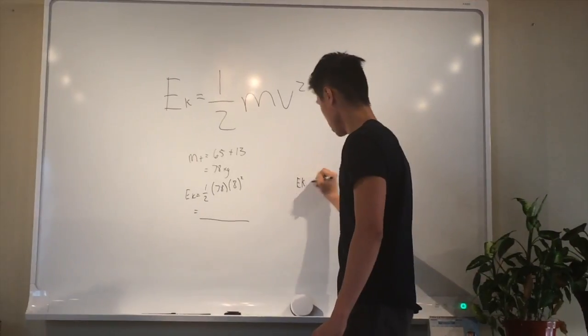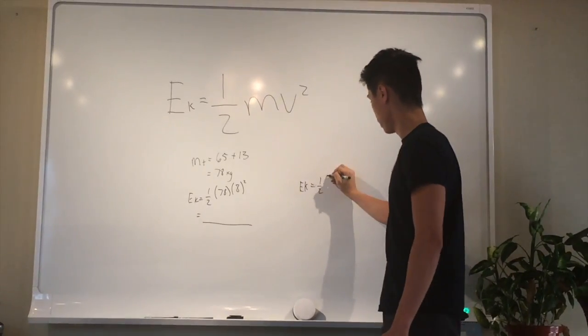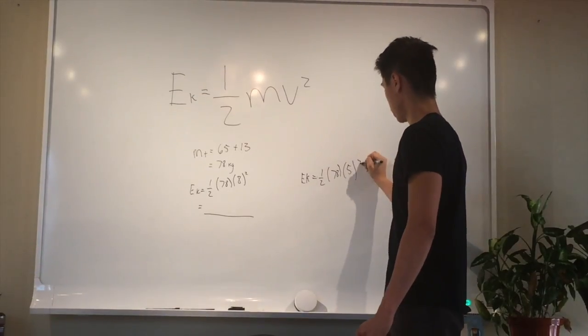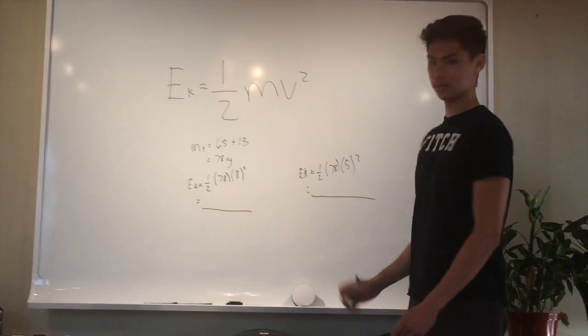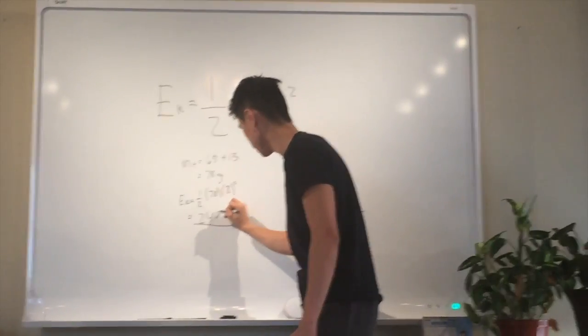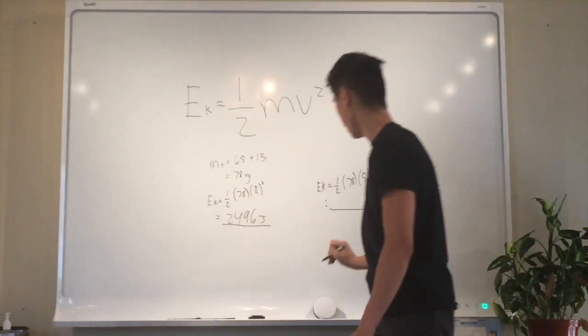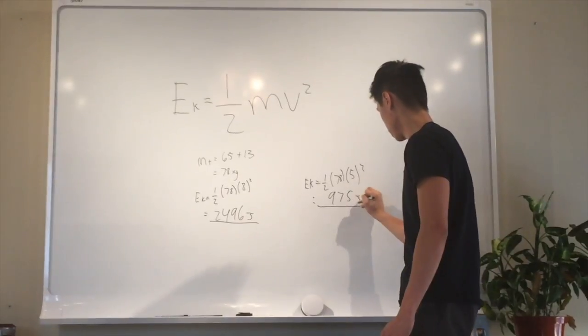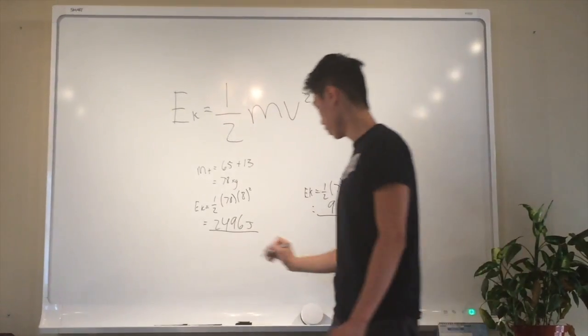EK equals 1/2 times 78, but now the velocity is 5 squared. So the answer for E2 is 2,496 joules, and for E1 it's 975 joules.